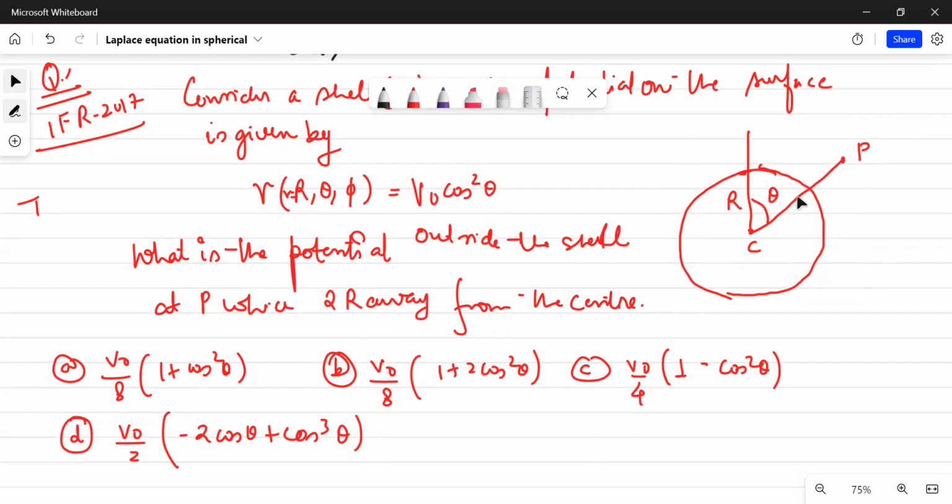And once you can find the potential outside, all you need to do is at r equals 2R you have to place 2R, and then you can find the solution. So I just wanted to make you understand that such questions are asked. This is the format of questions that are asked, and mostly you'll find this in TIFR or JEST or NET or something.